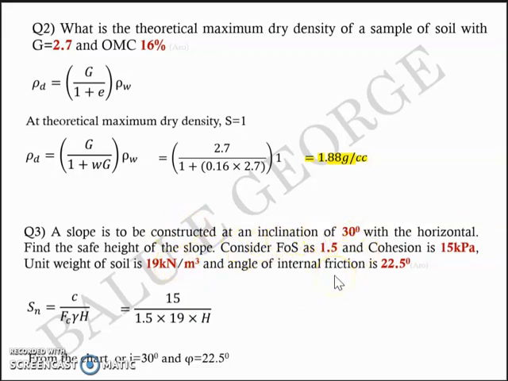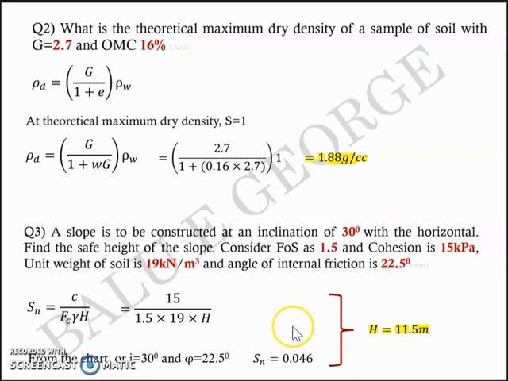So from the stability chart, for i equal to 30 degree and phi equal to 22.5 degrees, you can have Sn approximately equal to 0.046. So from this chart you'll get Sn, and in this expression when you substitute the known value of Sn, you'll get the unknown value of height h, and solving, h has a value of 11.5 meters approximately.